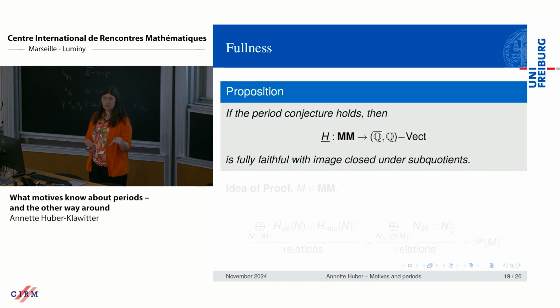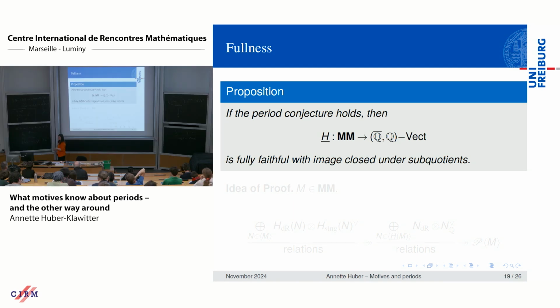The faithfulness is not really a statement. This is basically the definition of Nori motives. Nori motives are defined in a way that they are a non-full subcategory of the category of Q vector spaces, and it factors. So the faithfulness is by definition.